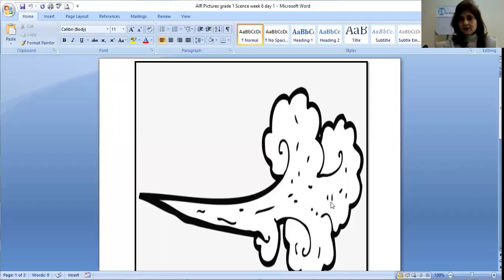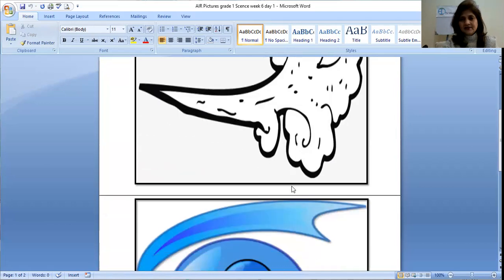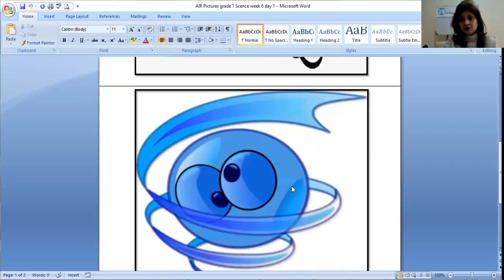Now, look at these pictures. I'm going to ask you what these pictures are about. Okay, can you see my screen, students? Yes, what is this picture? This is something moving, you can say, right? And what is this picture about?